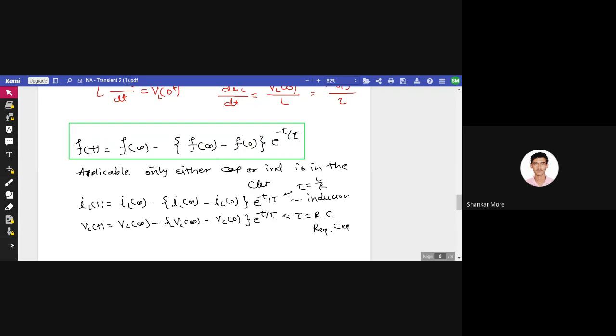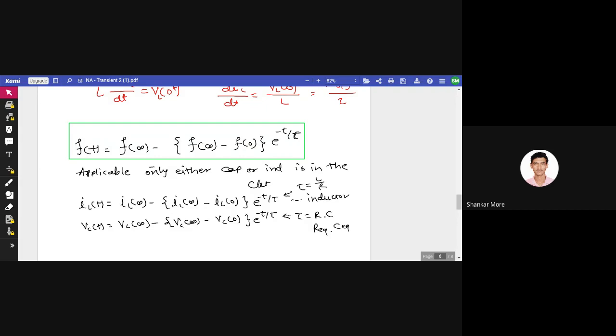Then what is tau here? Tau is the time constant. Let us suppose we are talking about the capacitor circuit. So tau will be RC, or R equivalent into C equivalent. मतलब जितने resistances हैं, total equivalent resistance in the circuit multiplied with the total capacitance in the circuit. So we have seen one example in which there was, I think, one capacitor.